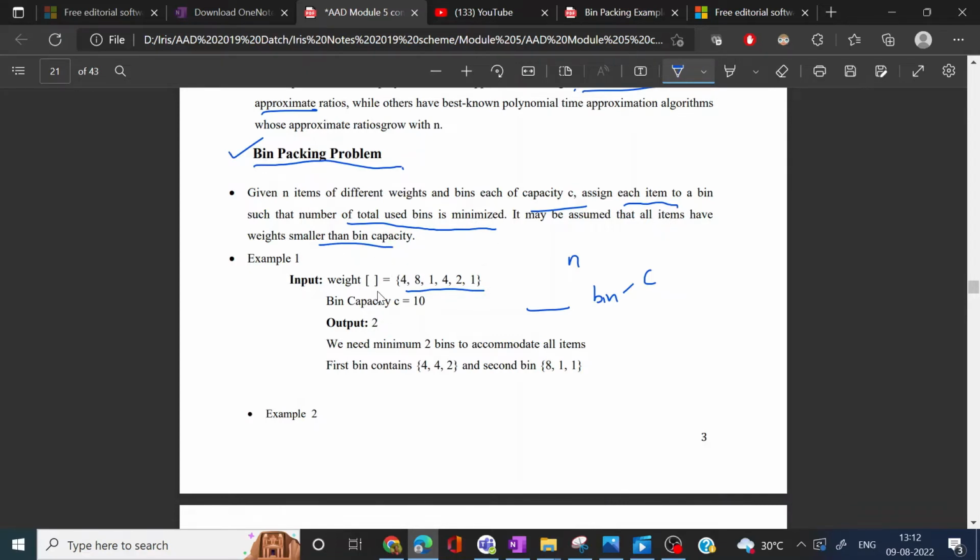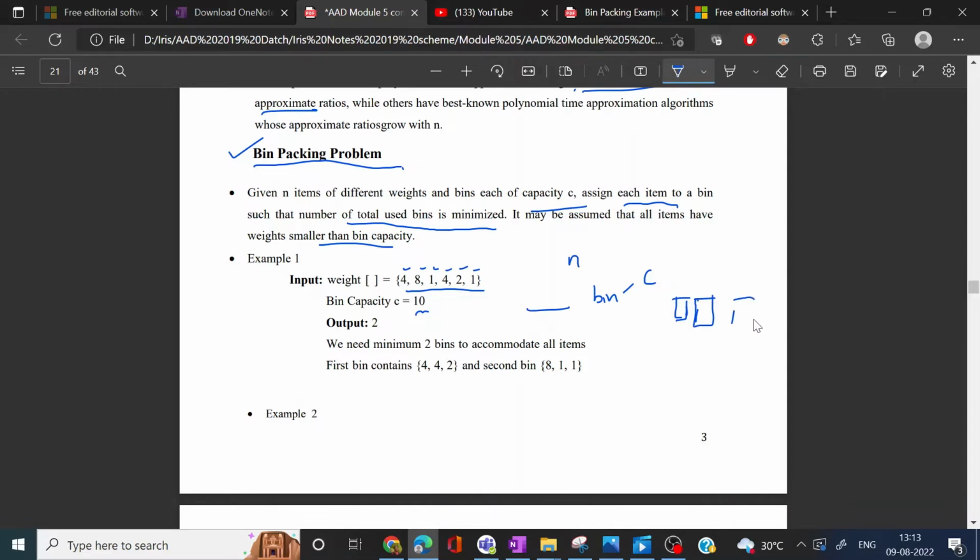Here 6 items are given, of weights 4, 8, 1, 4, 2 and 1. And we can use bins of capacity 10. Either you can use one bin, but these items cannot be put into a single bin. Two bins, whether we can accommodate all items in two bins, or three bins.